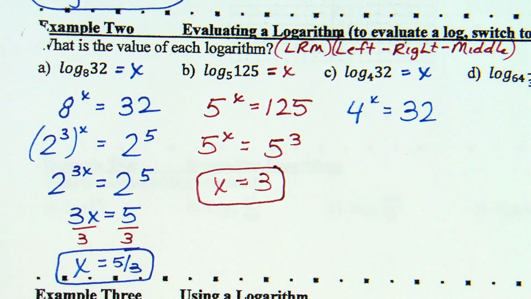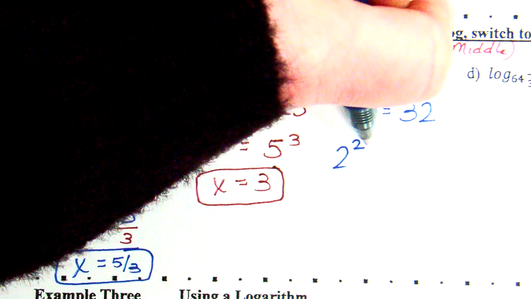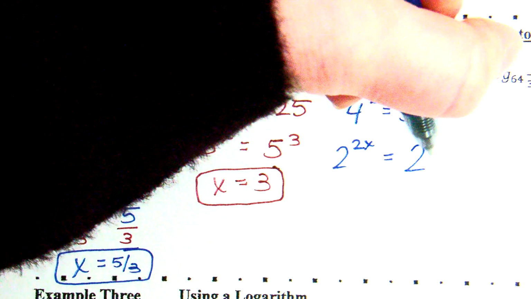And I have 4 and 32 both in the 2 column. So 4 can be rewritten as 2 to the second. If it's already 4 to the x, when I rewrite this as 2 to the second, it's going to be 2 to the 2x. What about 32? 2 to the 5th.